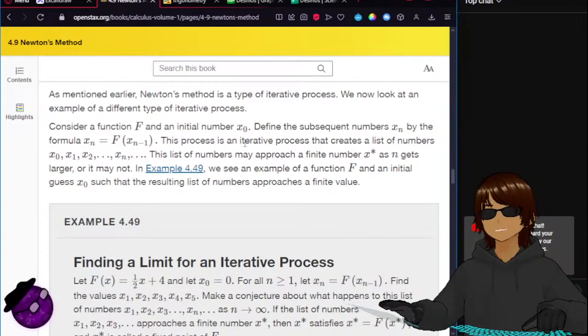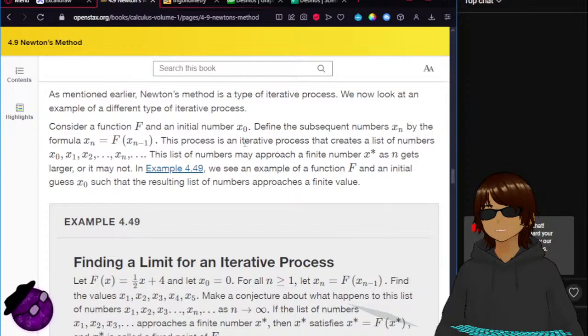Define the subsequent numbers xn by the formula xn is equal to capital F of xn minus 1. This process is an iterative process that creates a list of numbers. This list may approach a finite number as n gets larger, or it may not.